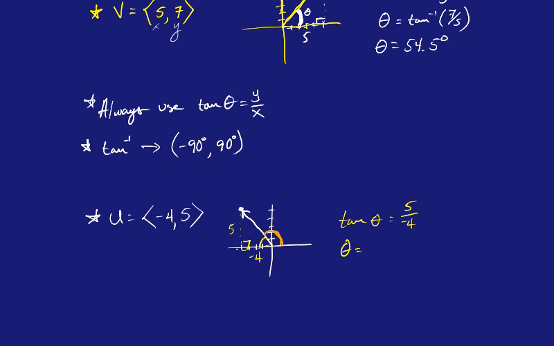Inverse tangent to find theta, and that would be -5/4. Plug that into my calculator real quick. So inverse tangent, once again in degrees, -5 divided by 4, and I get -51 degrees, or let's go -51.34 degrees.